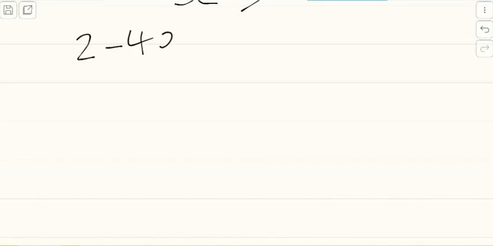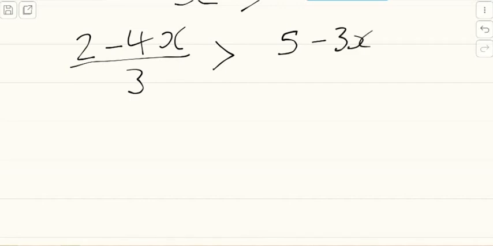2 minus 4x over 3 is greater than 5 minus 3x over 4. Okay, so to deal with this one, we're just going to cross multiply. So I'm going to multiply both sides by 4 to get rid of the denominator on the right hand side, and multiply both sides by 3 to get rid of the denominator on the left hand side.